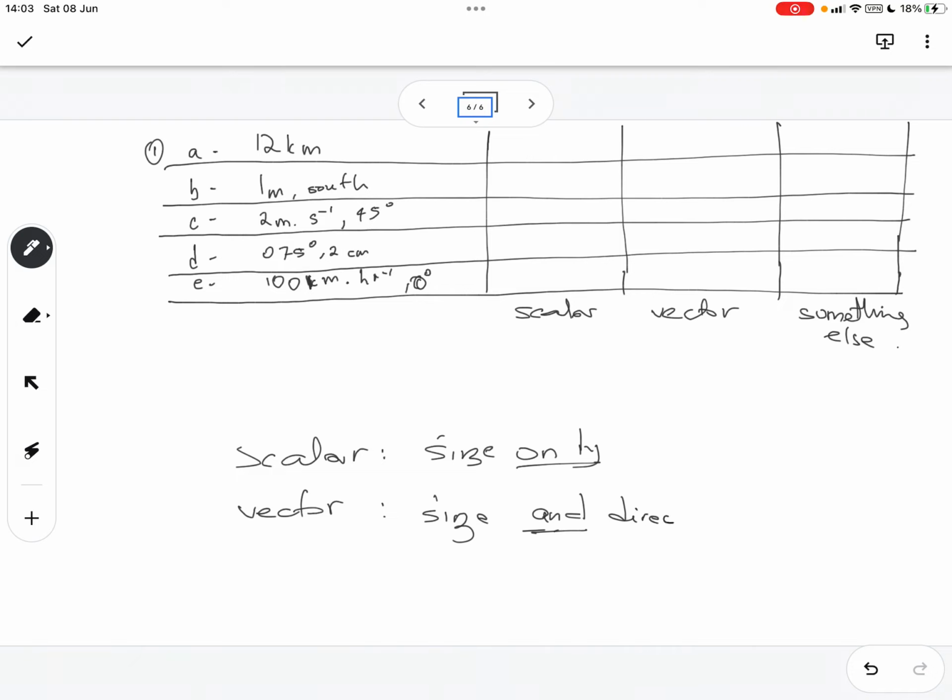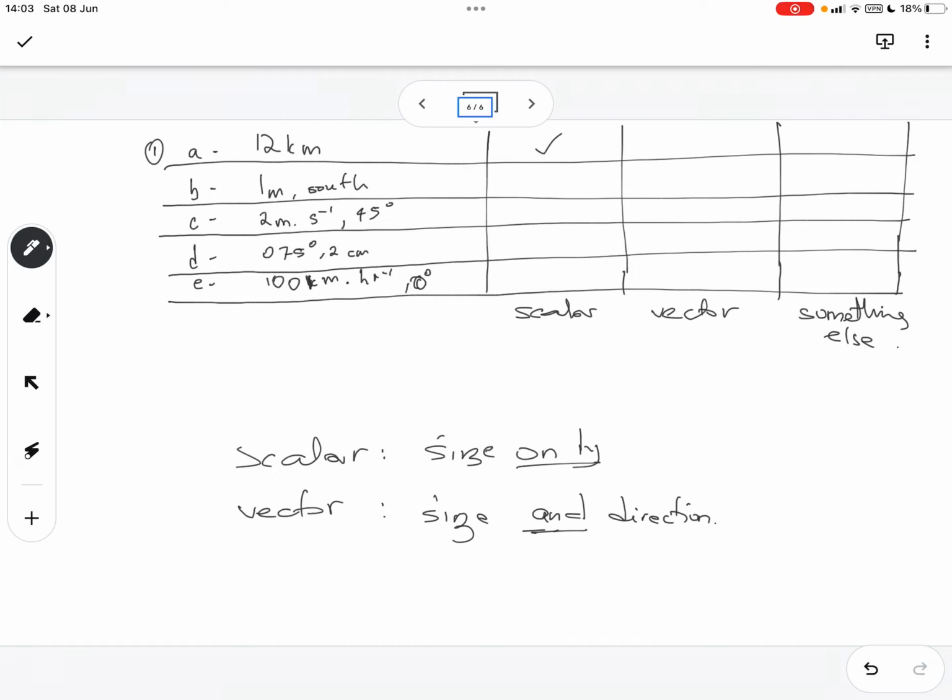Again, scalar, size only, and vector, size and direction. Ne? Again, so. And then we're going to do the same exercise.